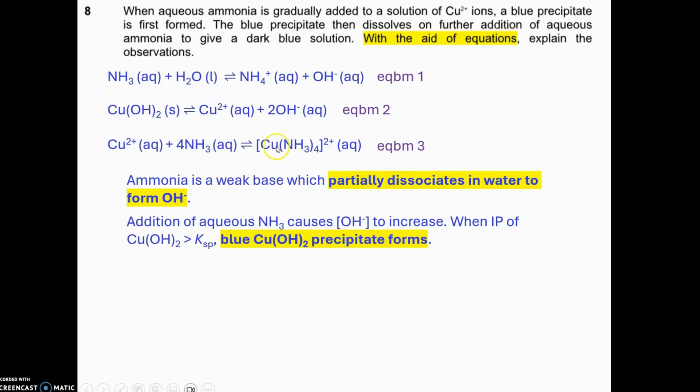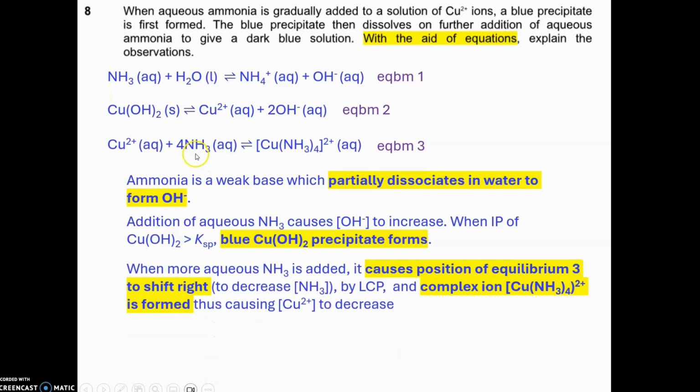So when we continually add aqueous ammonia, your equilibrium 3 will start to kick in and shift the position of equilibrium 3 to the right to form this complex, which is a dark blue colored solution. When Cu2+ reacts with ammonia to form this complex ion, it leads to a decrease in the concentration of Cu2+.